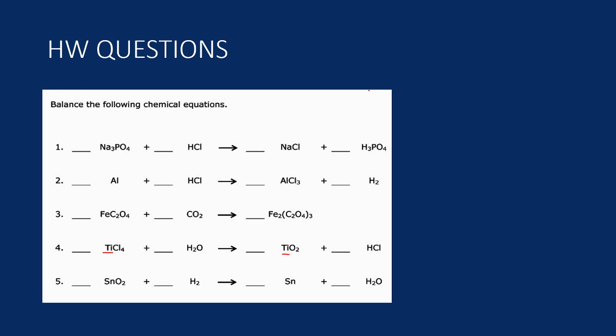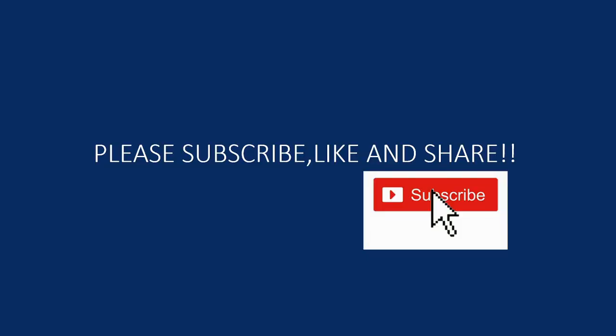Guys, don't get scared. It's just for confusing the person. Some exams give it, but it doesn't matter anyway, because balancing chemical equations doesn't involve valency or anything like that. So that's it, guys. TiCl4 plus H2O. You guys can balance it. It's very, very easy.